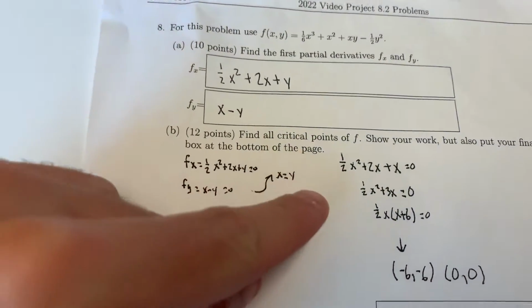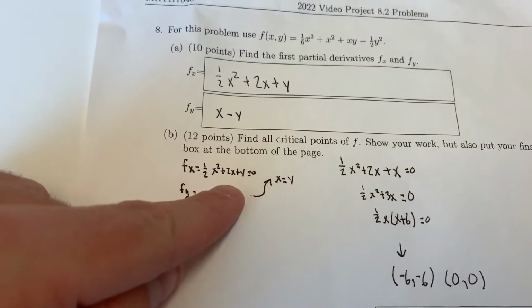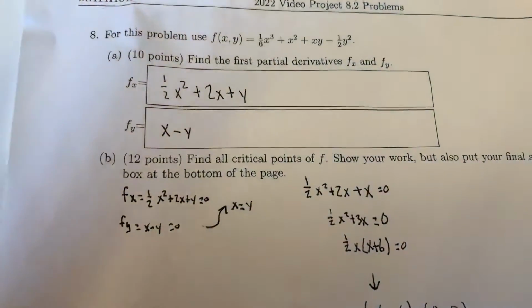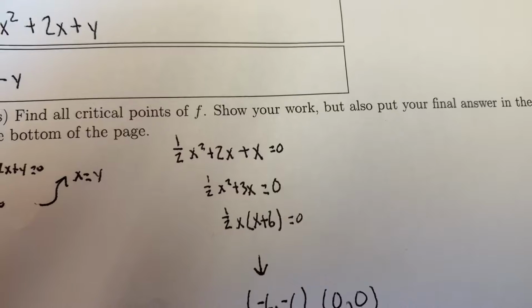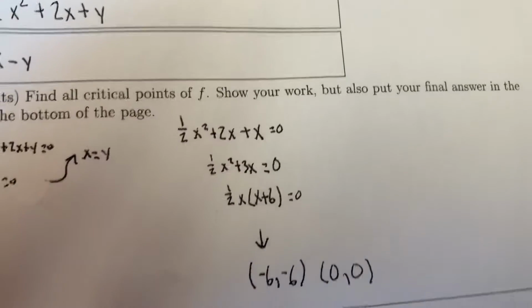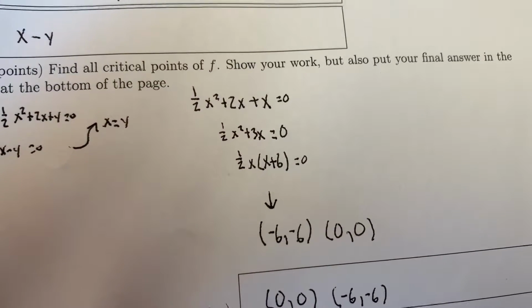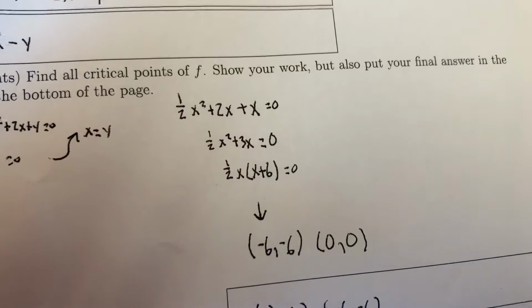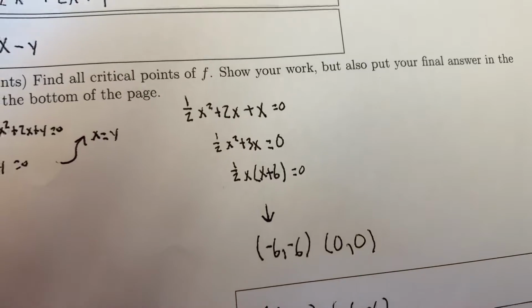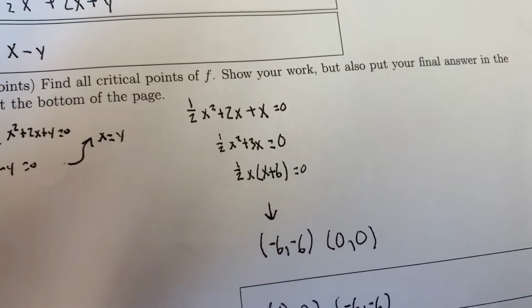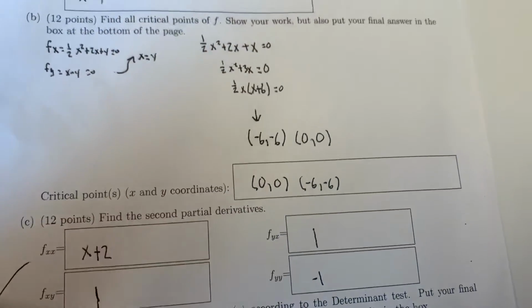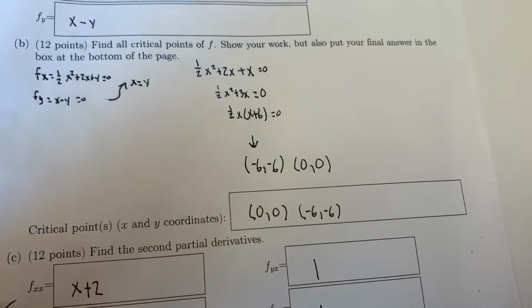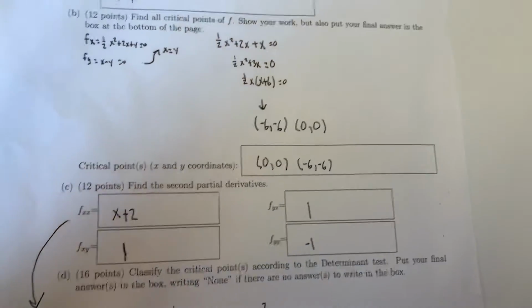So right here, we will plug the x where this y is at and make it 1/2 x squared plus 2x plus x equals 0. Simplify that to 1/2 x squared plus 3x equals 0, and then you'll be factoring those out to make it 1/2 x, and then in parentheses times x plus 6 equals 0. And that would make our critical points -6, -6, and 0, 0.